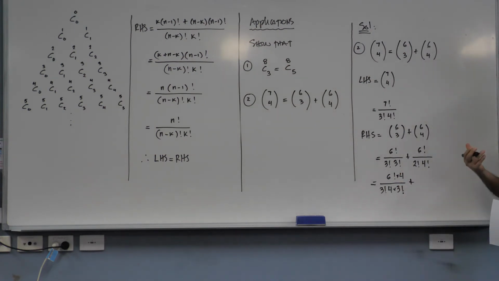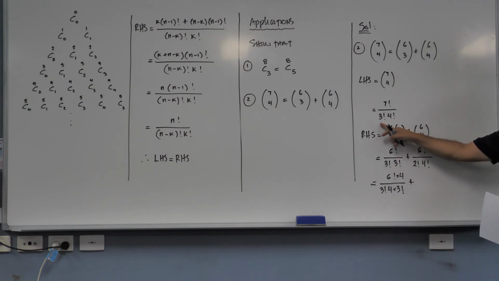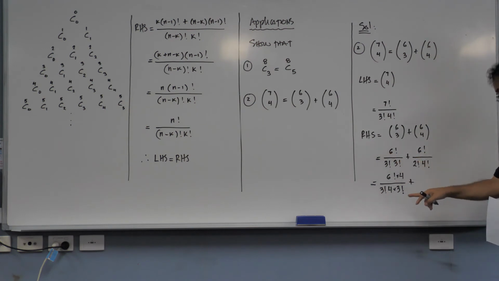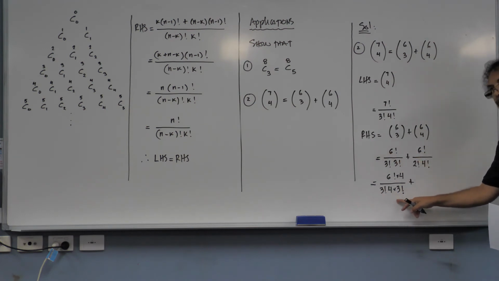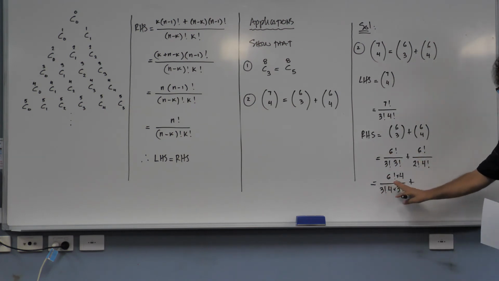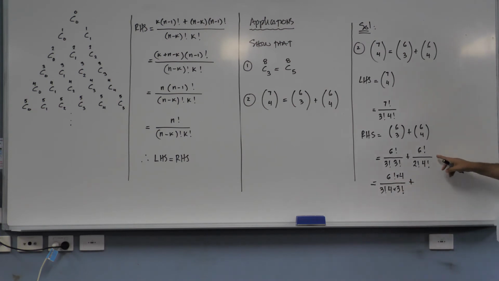I know that you're getting better on this. In here, I have 3 factorial, so I really want to have a 3 factorial in the denominator. I have the 3 factorial here, so I don't need to touch this anymore. But in this other denominator, I really want to have a 3 factorial.